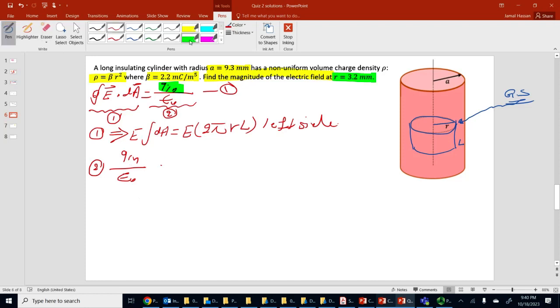So we will find the Q using density. We know that density is equal to dQ divided by dV, which means dQ is equal to ρ multiplied by dV. So what do I mean by dV here? dV is actually the volume of a small cylindrical shell. Look at this cylindrical shell, something like this.